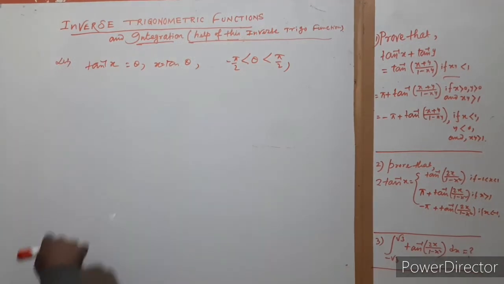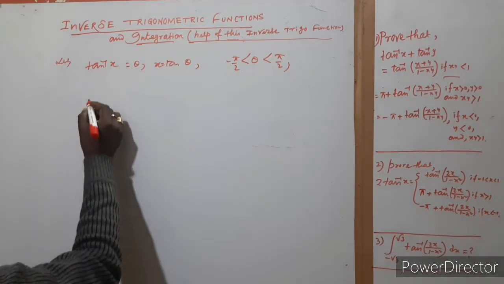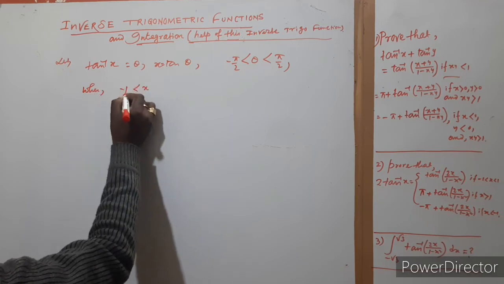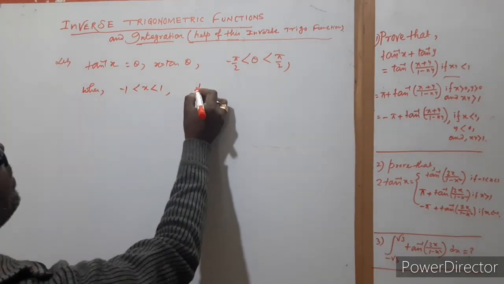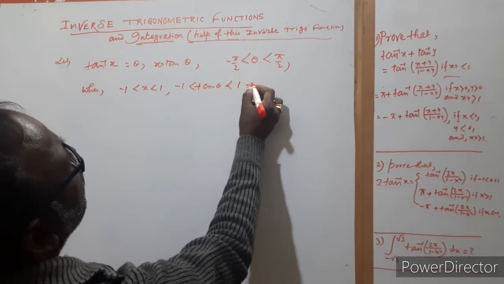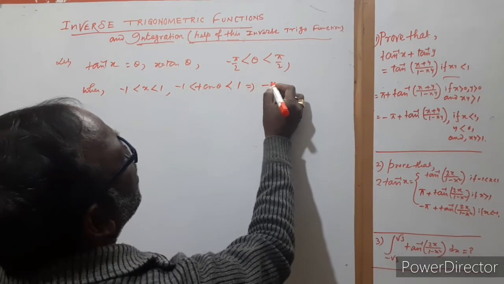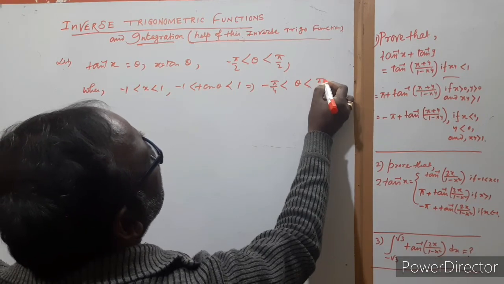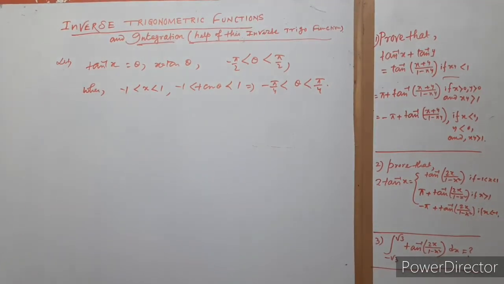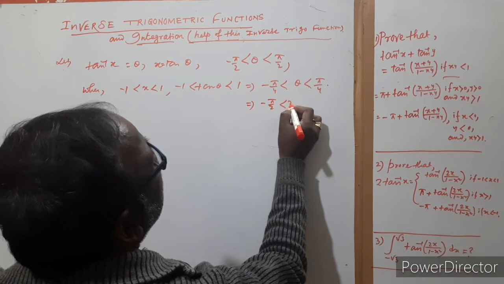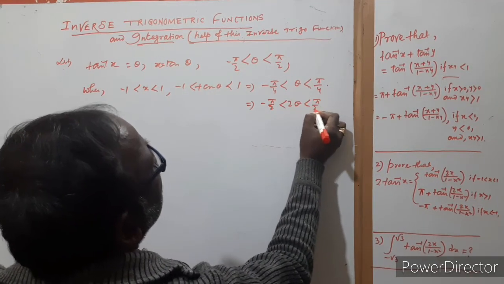But see, when x lies between minus 1 and plus 1, that is tan theta between minus 1 and plus 1, therefore theta lies between minus pi by 4 and pi by 4. Therefore 2 theta lies between minus pi by 2 and pi by 2.